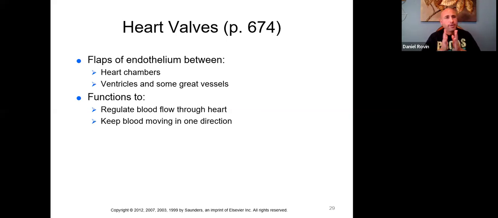The very flimsy valves of the aortic or the pulmonic valves, the pulmonary and aortic valves, there usually isn't any issue except for when the aorta starts to change shape with age. Sometimes that affects the closing of the aortic valve. And so some people, as they get older in life, start having a little bit of the regurg into the left ventricle because of the change of shape of the aorta.